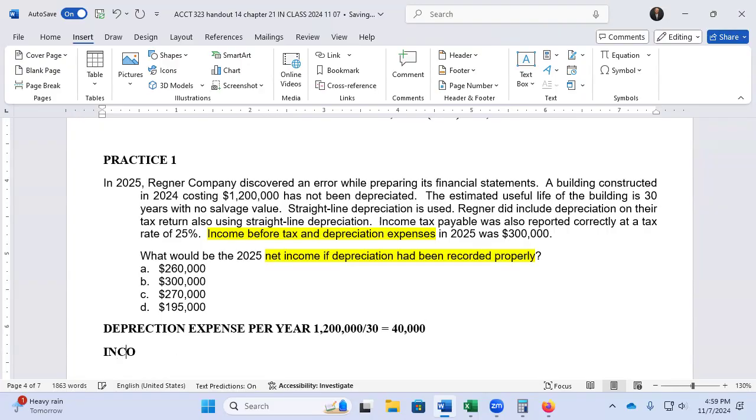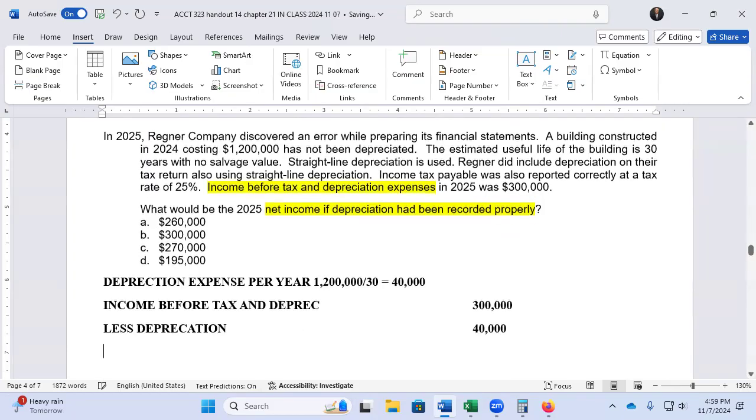So income before tax and depreciation equals 300,000 less depreciation. So 40,000 gives us income before tax.